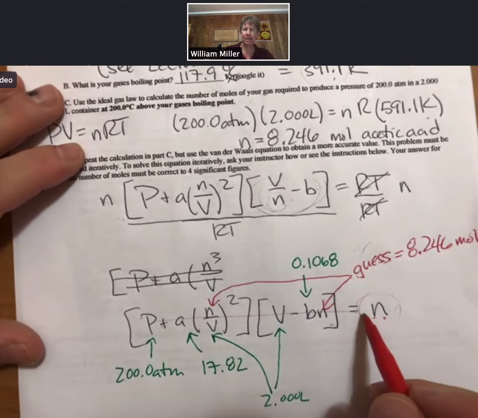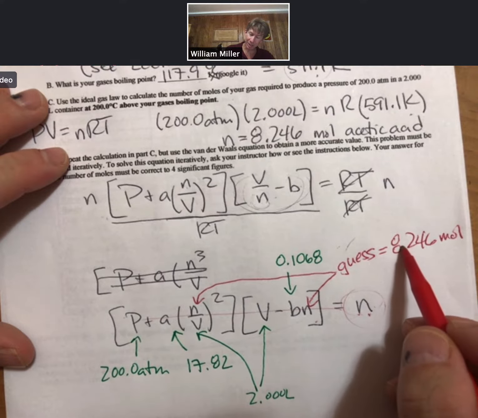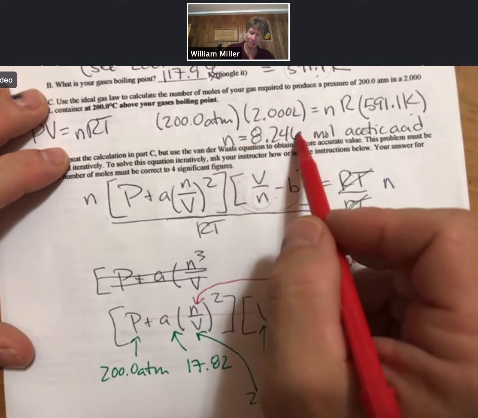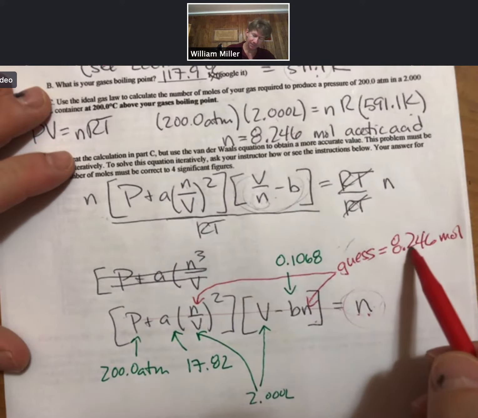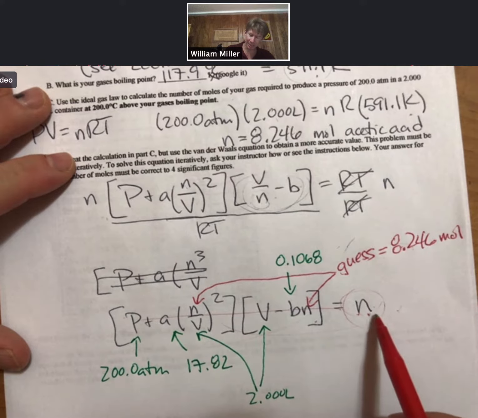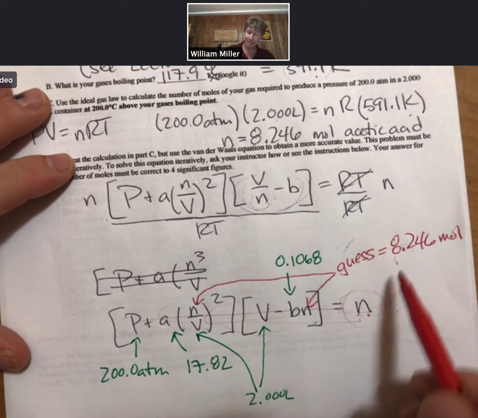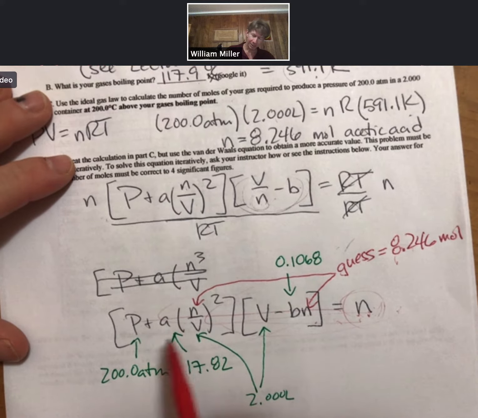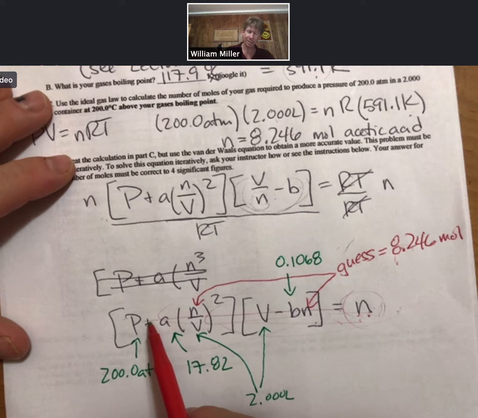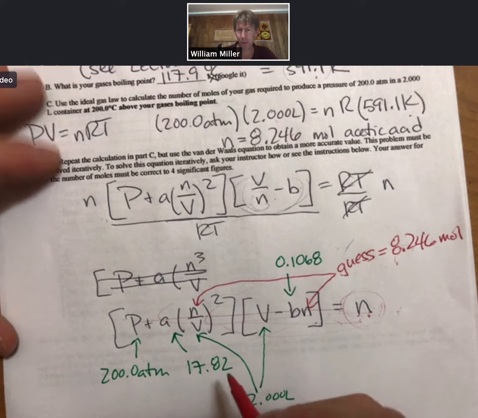Iterative solving means you have an initial guess from some sort of estimate or similar equation. You put it in, get it out, plug it in, get it out, until this becomes a true statement, something like 10.64 moles equals 10.64 moles.